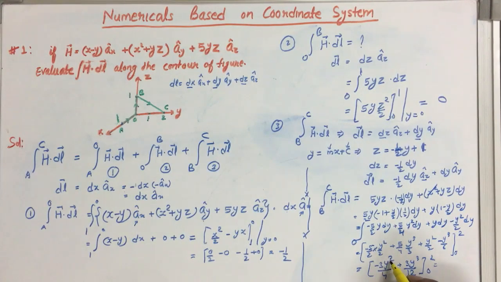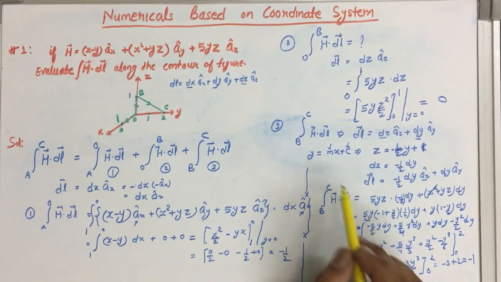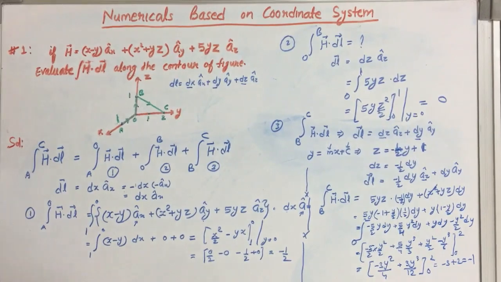Put in the limits: 4, so it will be minus 3 plus 2 times 4, 8, it will be plus 2. So overall it will be minus 1. So once we did h dot dl for case 3, it becomes minus 1.